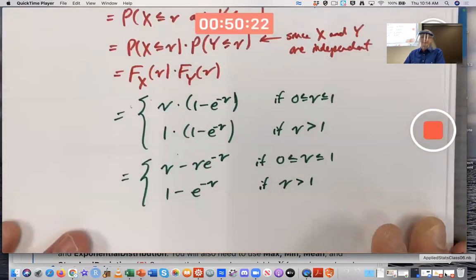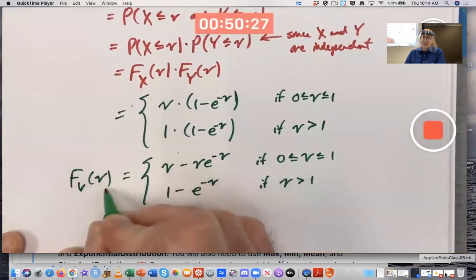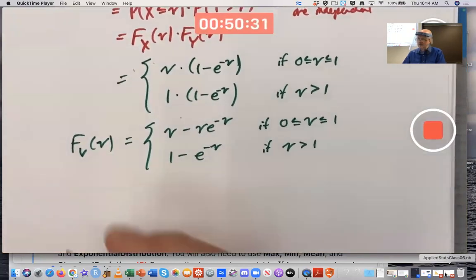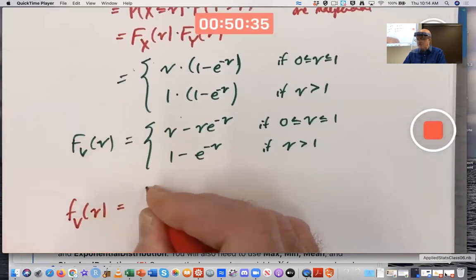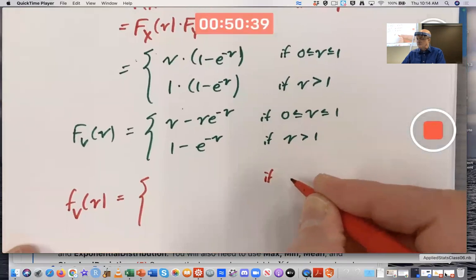So there's the CDF of capital V. Differentiate it now to find the PDF, making the PDF piecewise as well. Now, technically speaking, the CDF is not differentiable at 0 or 1.